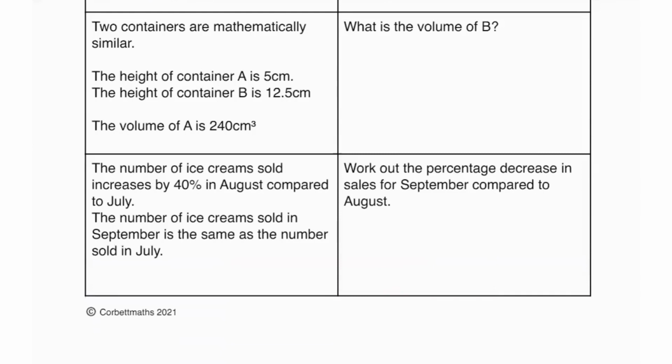Next question says, two containers are mathematically similar. The height of container A is 5 centimeters, and the height of container B is 12.5 centimeters. The volume of A is 240 centimeter cube. What is the volume of B? So when two shapes are similar and they've given us the length and volume of one of them, the formula we'll use is h1 over h2 whole cubed equals volume 1 over volume 2.